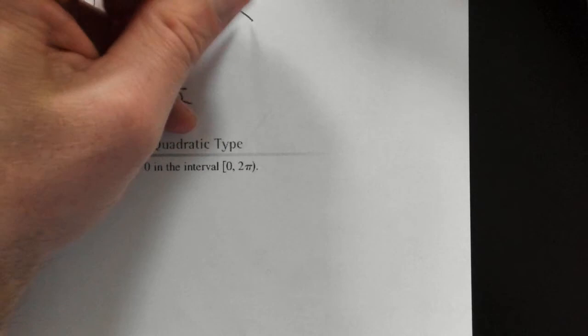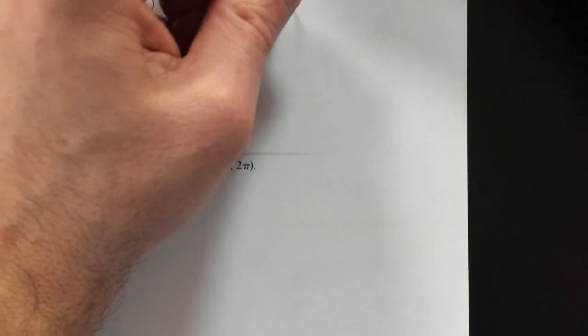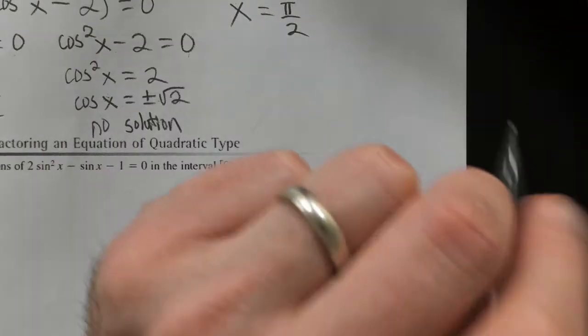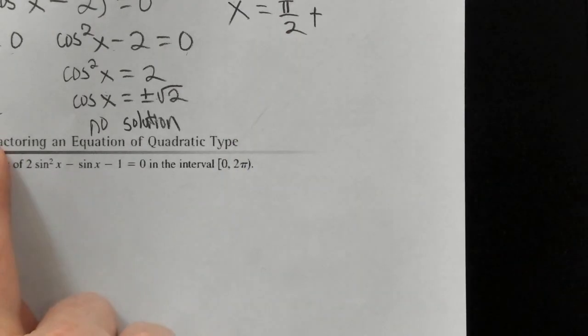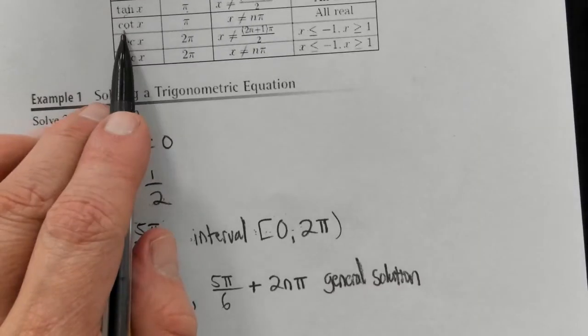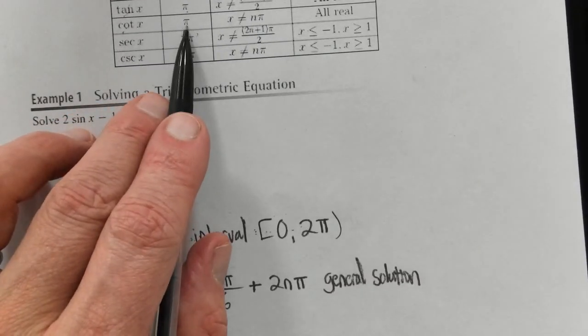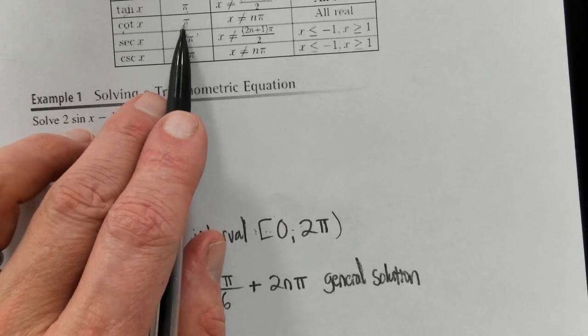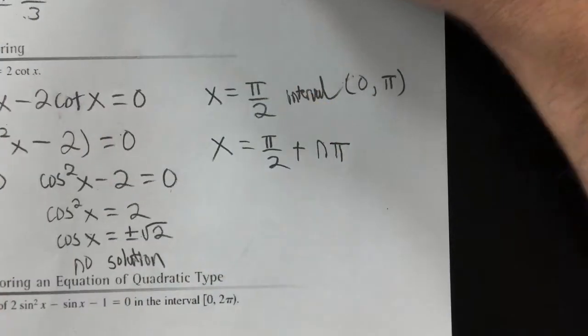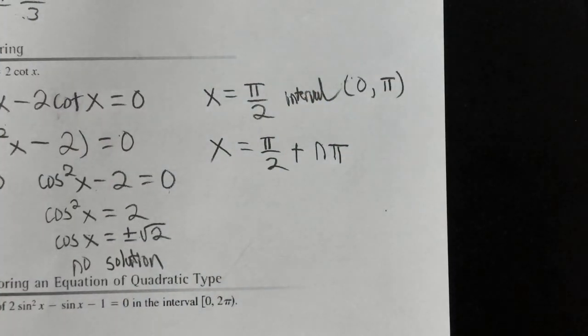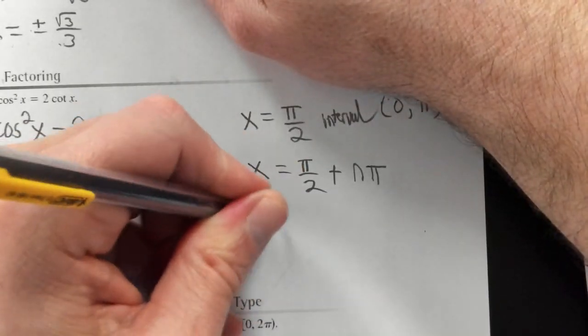If I wanted to put it in a general form, that would be pi over 2 plus, and remember this is the cotangent that we're dealing with, and cotangent has a period of pi. So that's going to be plus pi n. Remember, you're always considering the period when you're writing out this general solution.